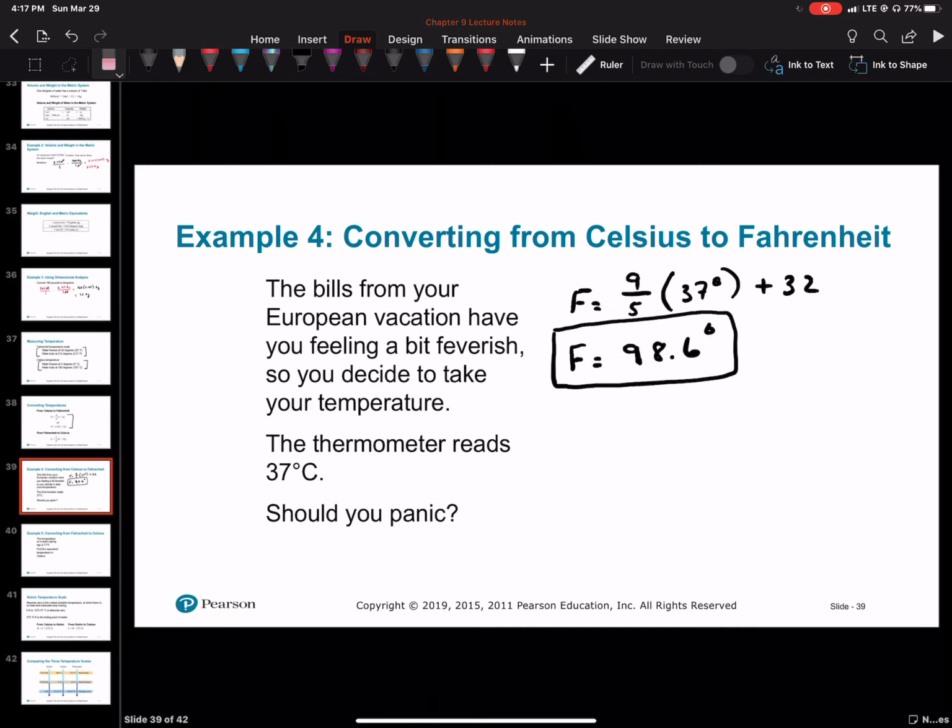Let me erase this. Yeah, 98.6 degrees. So no, you should not panic, because it's normal temperature. You just feel feverish because that bill is high. Just keep that in mind.